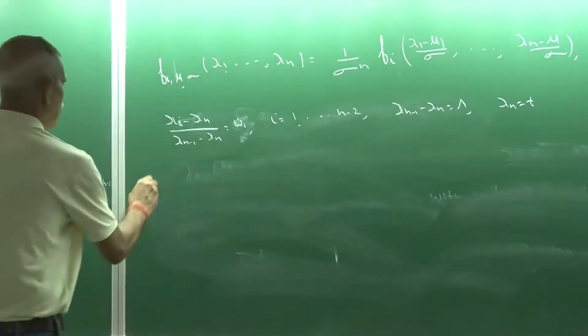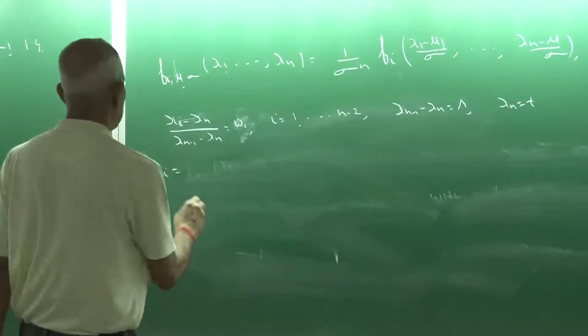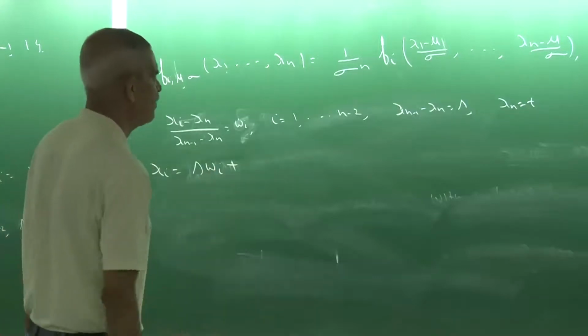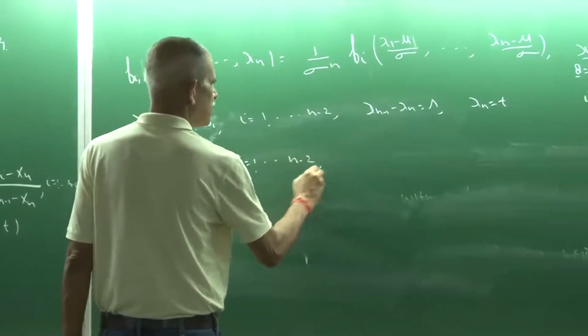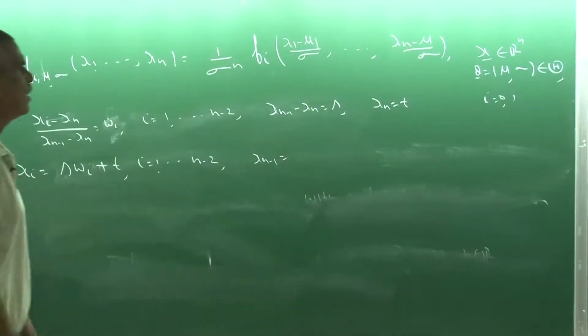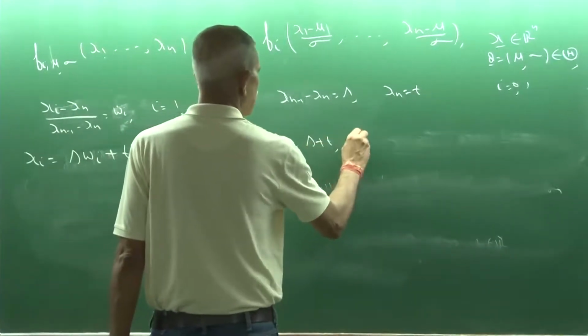That means xi is s wi plus xn, where xn is nothing but t, for i equal to 1 to n minus 2. Xn minus 1 is nothing but xn plus s, which is s plus t.